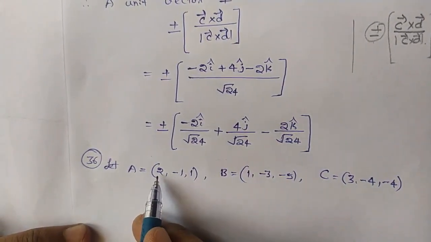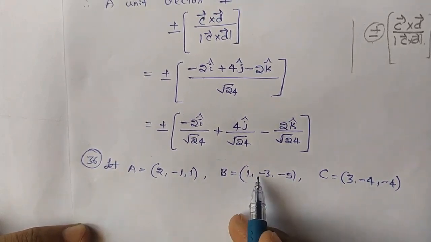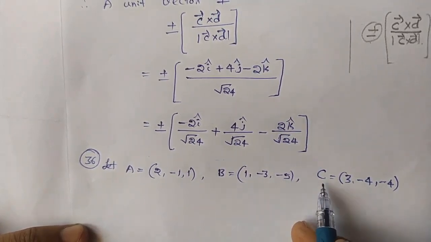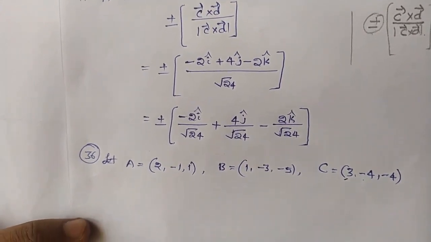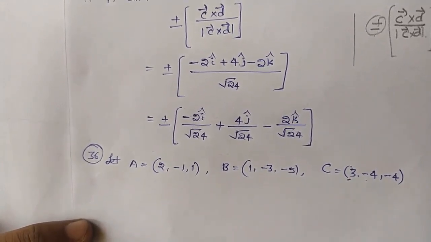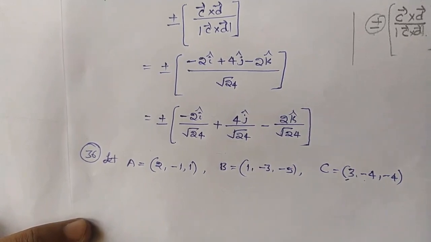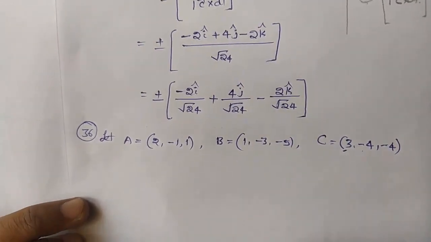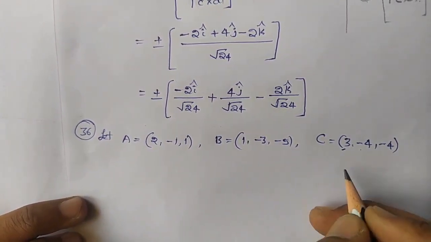Write the components of i, j, k: 2, minus 1, 1; 1, minus 3, minus 5; 3, minus 4 and minus 4. Now we have to show that these points are the vertices of a right angled triangle. For this you need to remember the concept of Pythagoras theorem.